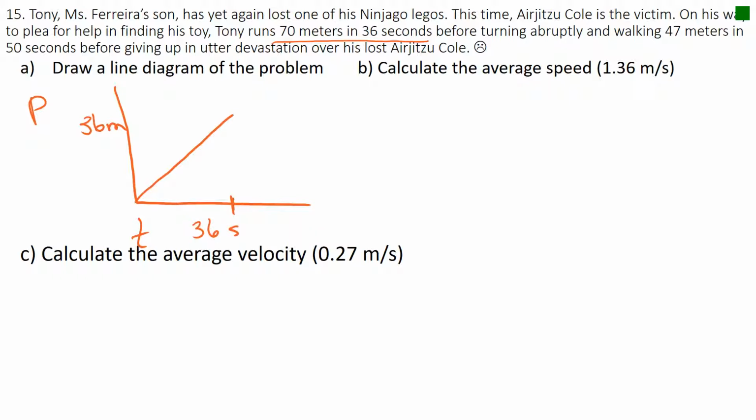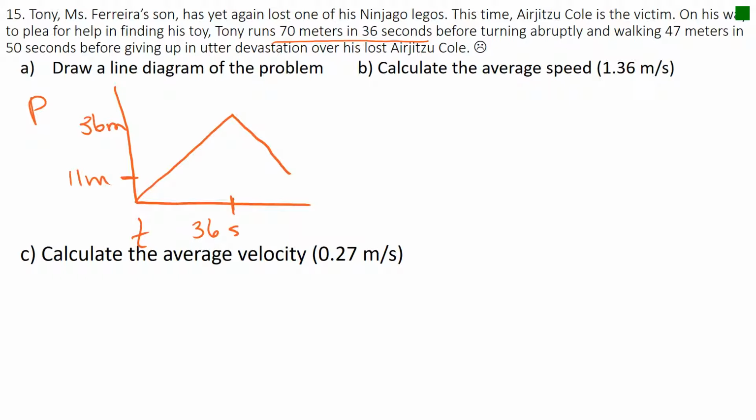And then he turns around and walks away for a total distance of 47. So I need to do 70 minus 47. So he is going to walk 47 meters, which is going to put him at the position of 23 meters.